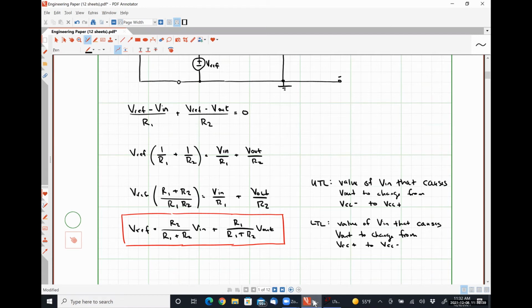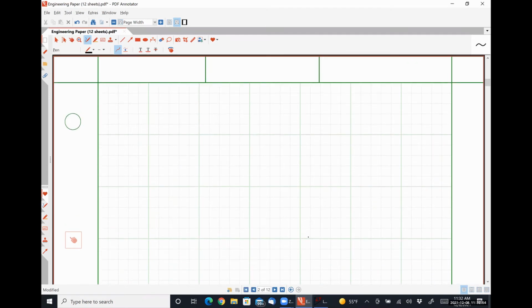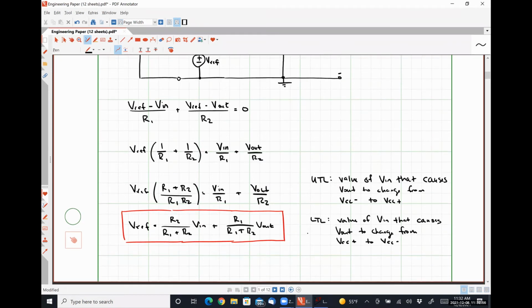That's just how the math happened to work because of the layout of the circuit. All right, so with these definitions that we have here, let's analyze our circuit in particular, okay?